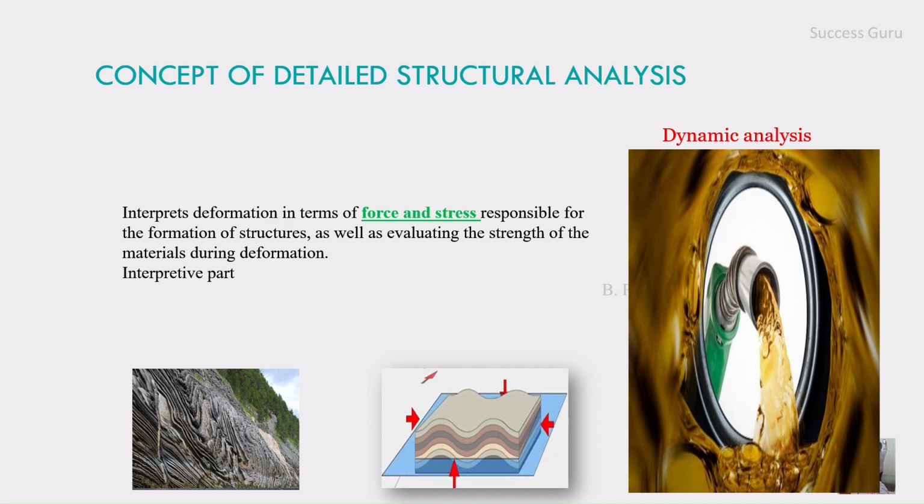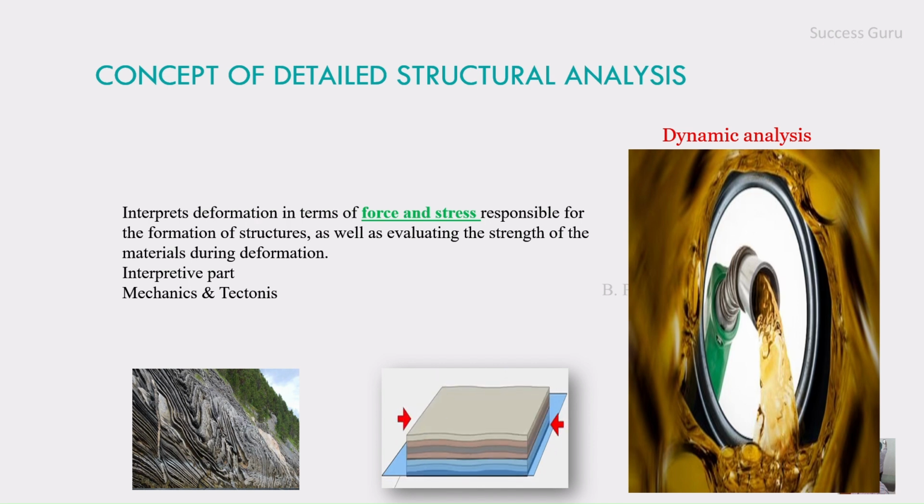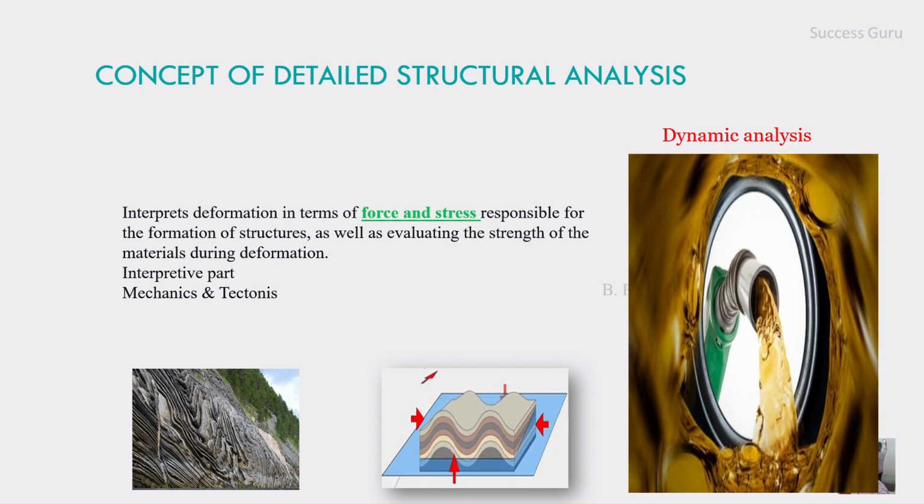This is mainly an interpretive part. From the data that we found in the geometric as well as kinematic analysis, we are trying to interpret the final thing, that is the dynamic analysis, and the main things here are rock mechanics and the tectonic force that actually moves the rock.